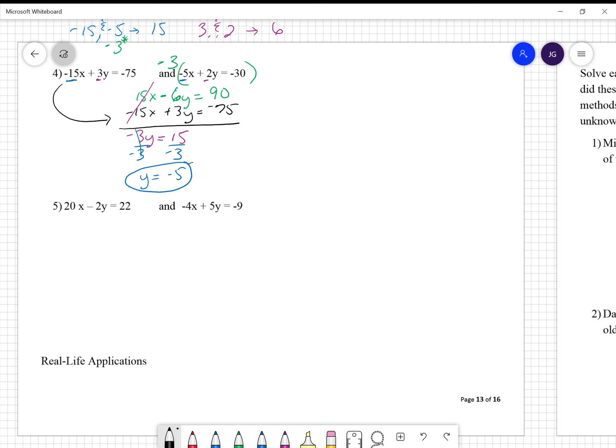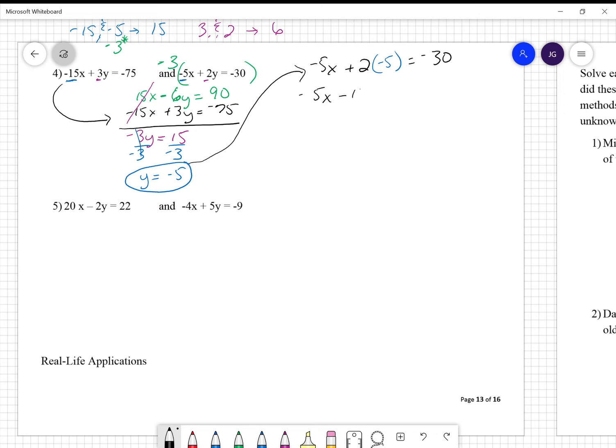Now I'm going to plug in negative 5 for y. Both equations have negatives, so I can't avoid that. I'm going to pick the second equation. It just looks a little easier. So negative 5x plus 2 times, instead of y, I'm going to put negative 5. Do my multiplication.